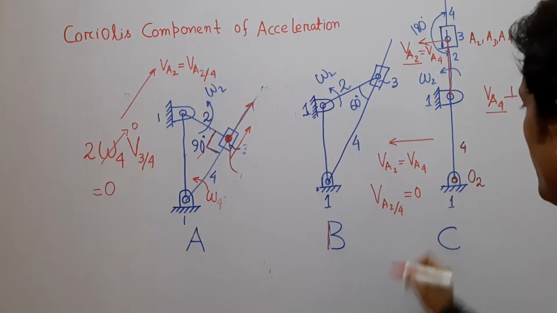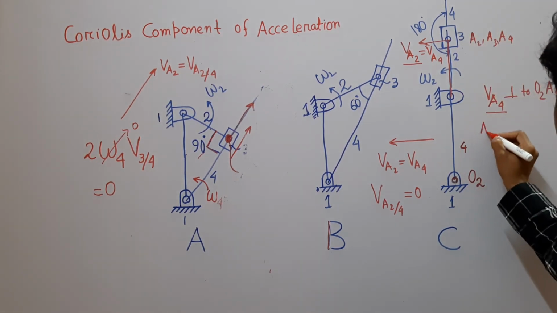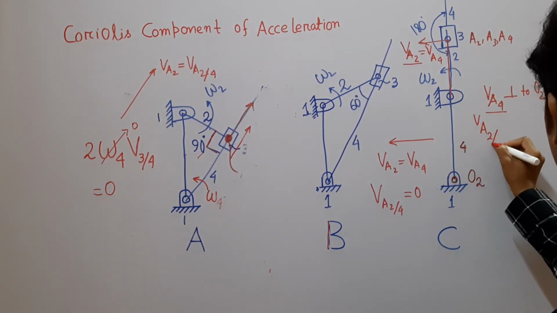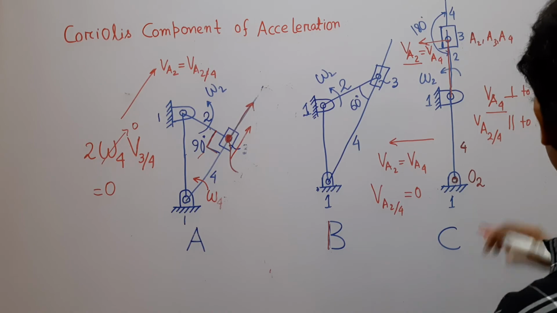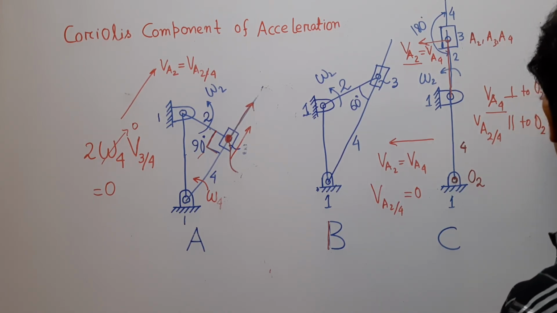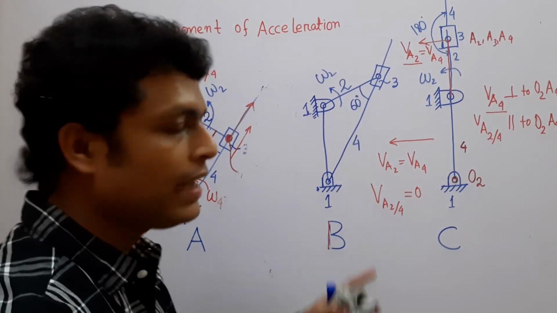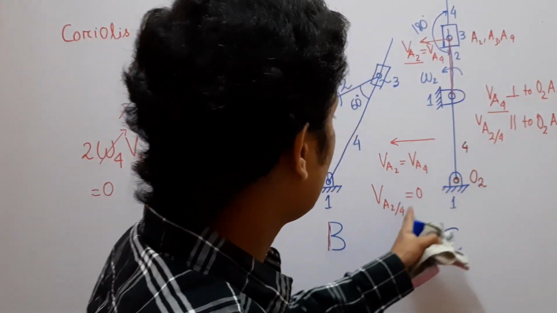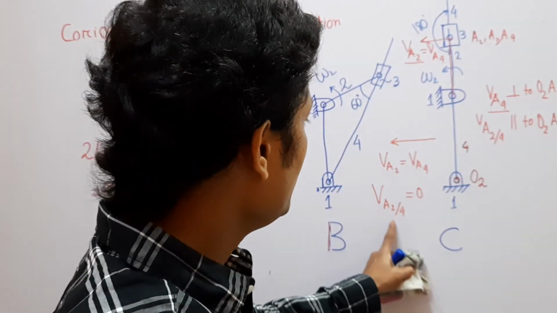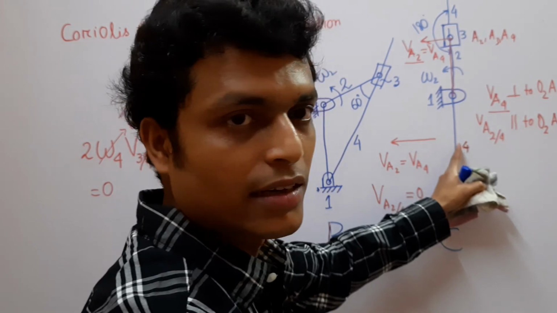That is 0, because VA2 by 4 is parallel to O2A4. This is the sliding velocity. VA2 by 4 or VA3 by 4, they are the same. So VA2 by 4 here is 0. That is, the sliding velocity of the slider at this instant is 0.